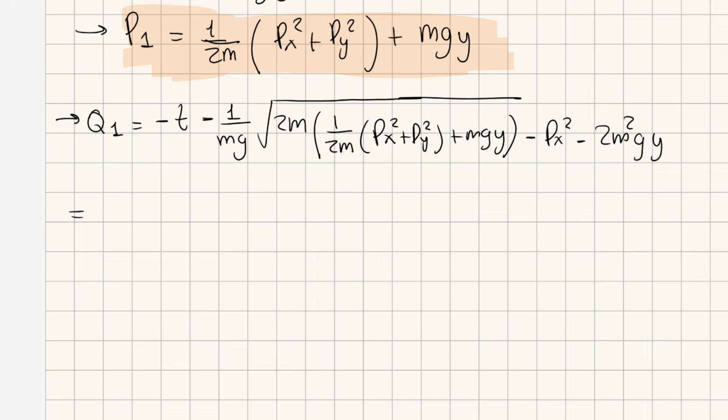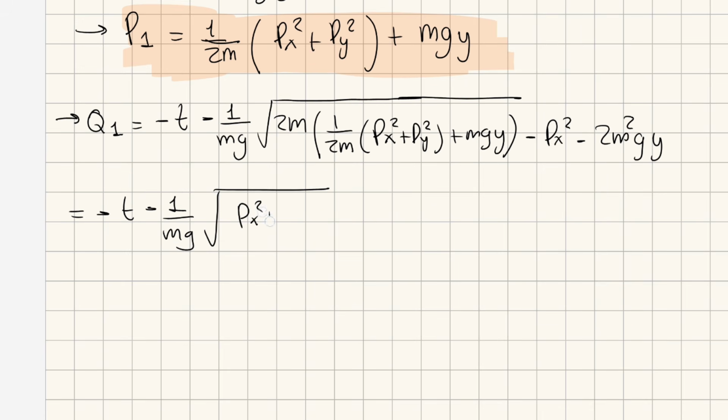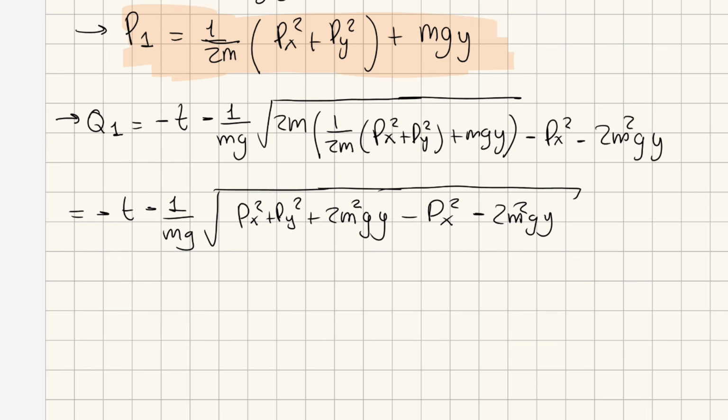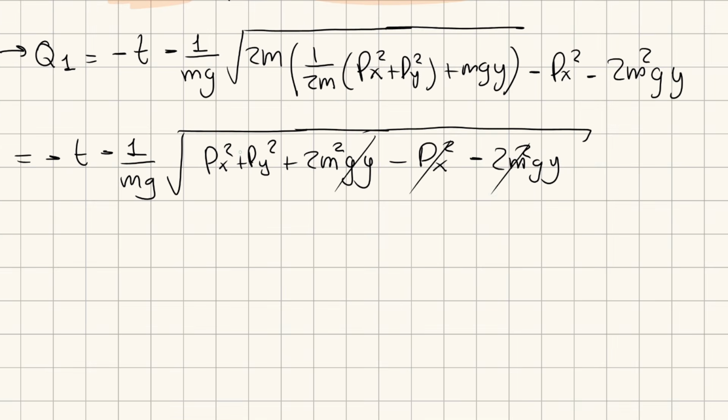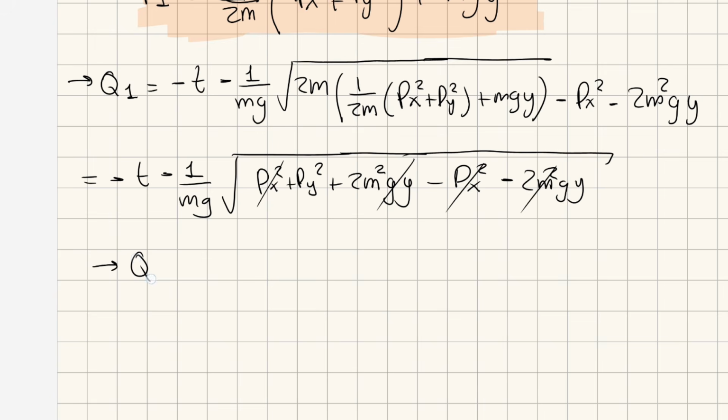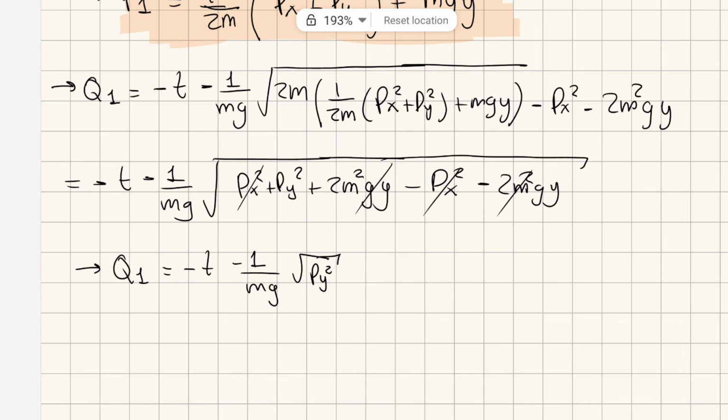So if we keep simplifying, we will get minus t minus 1 divided by mg, the square root of px squared plus py squared plus 2m squared gy minus px squared minus 2m squared gy. We can cancel this to get that q1 is equal to minus t minus 1 divided by mg and the square root of py squared. And we are not going to worry about the absolute value of the py.